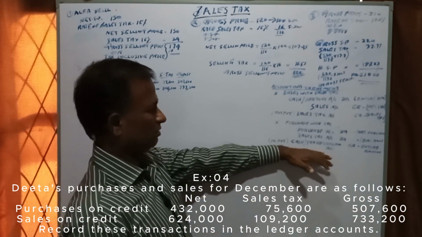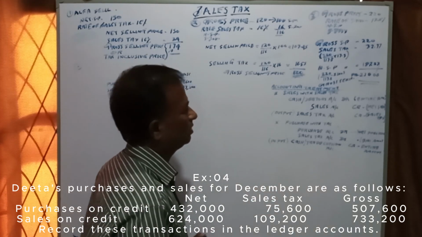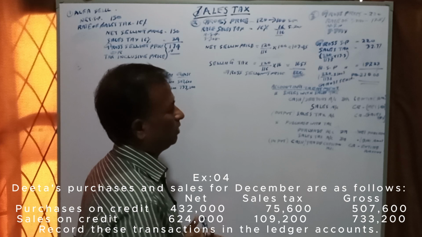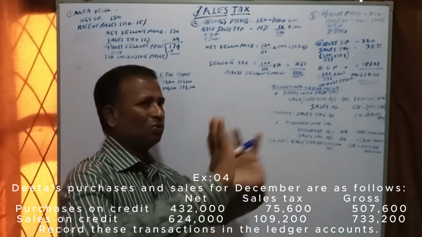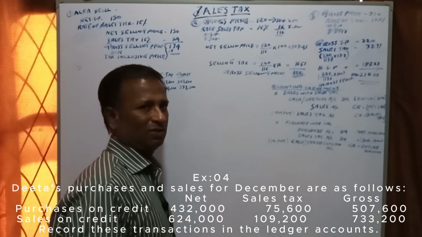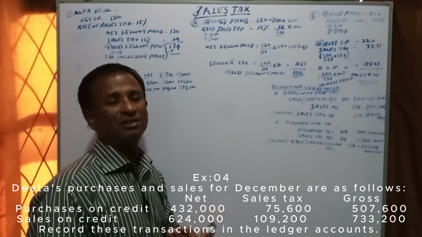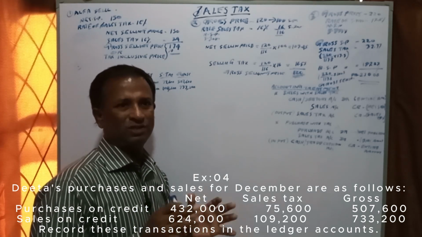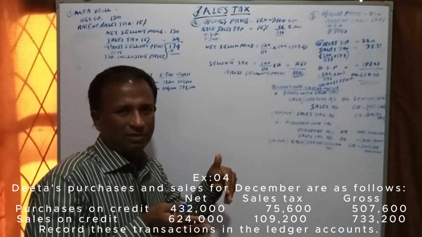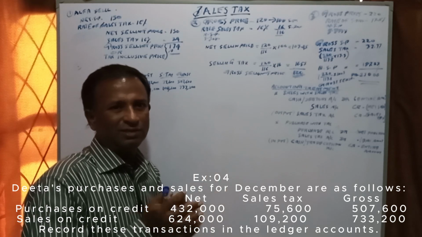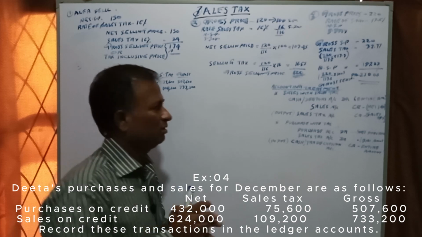This is purchases, input tax, right? So whatever is going out for which we are charging taxes, that is output tax. Whatever tax we have been charged for the goods or services coming inside our organization is called input tax.